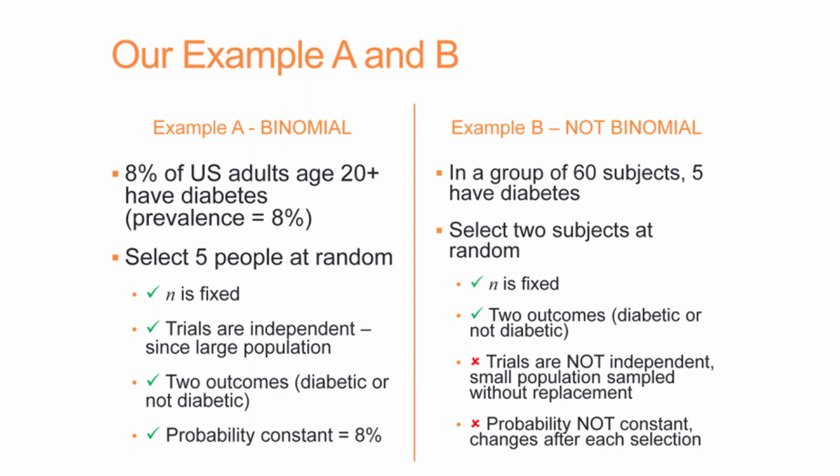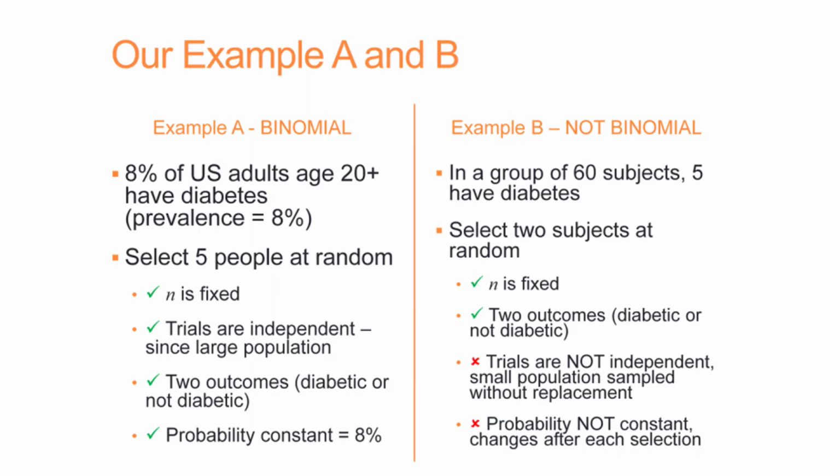The trials are independent since our population is very large. We only have 2 outcomes, diabetic or not diabetic. And as long as we study this situation over a reasonable time period, it is reasonable that the probability of success is constant at 8%.